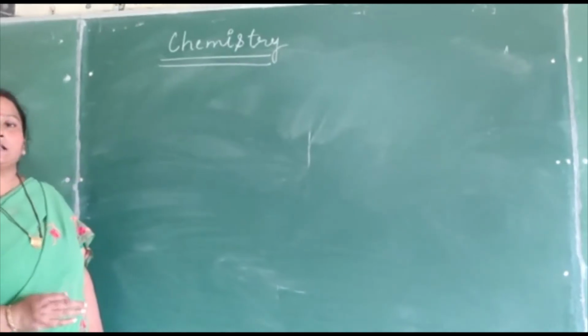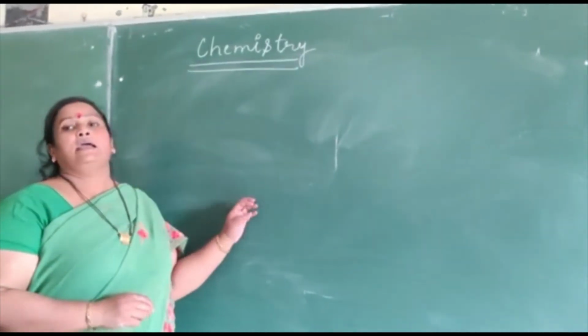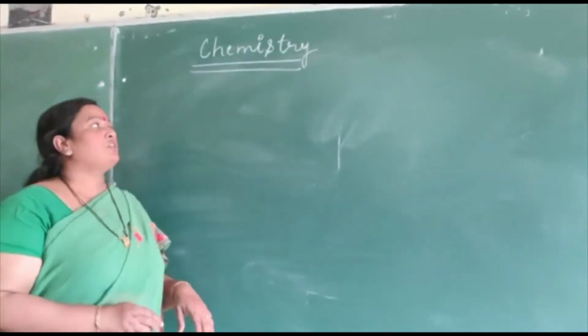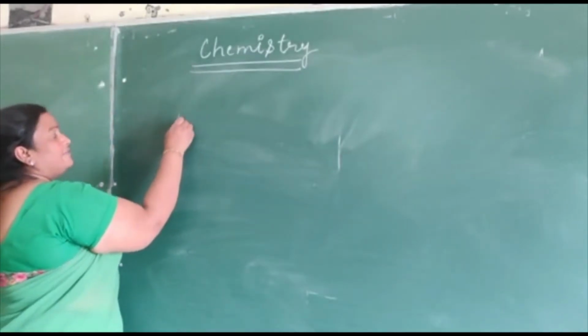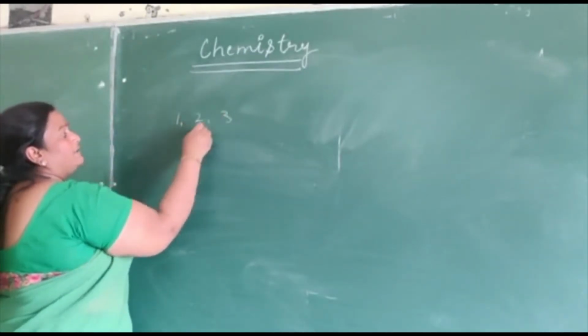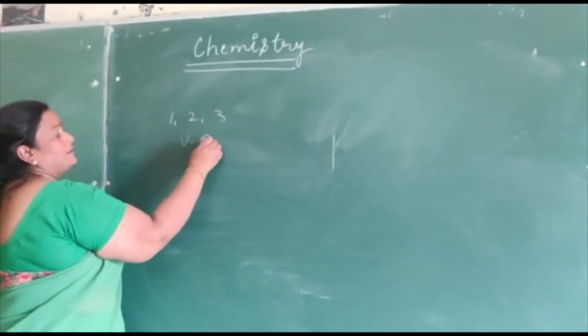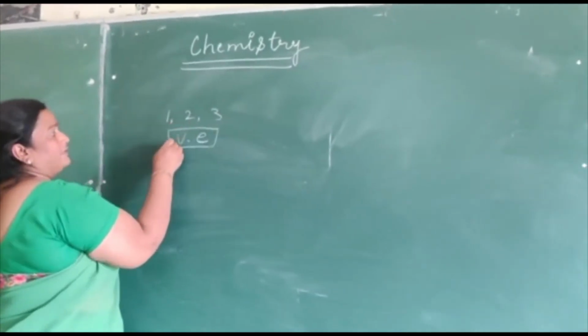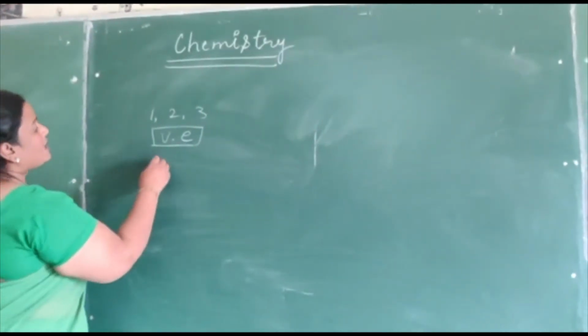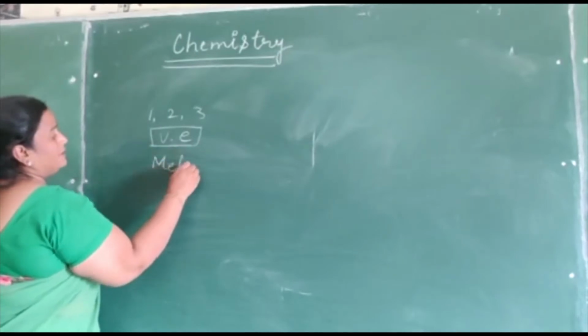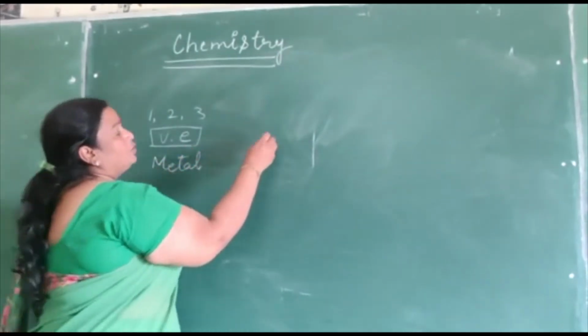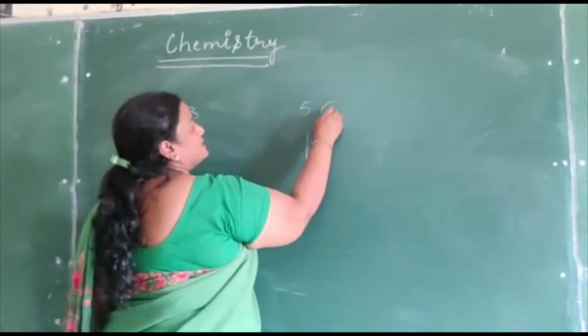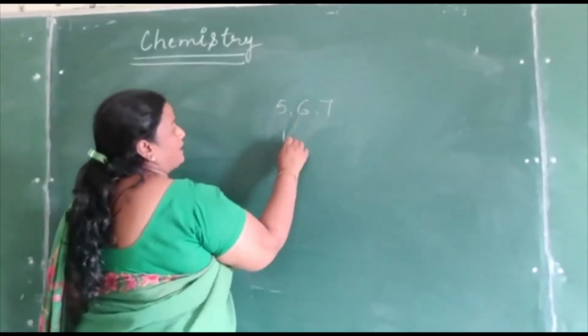As we have studied in the last lecture about the electronic configuration of metals, I said that those having 1, 2 and 3 valence electrons are called metals, and those having 5, 6, 7 electrons are non-metals.